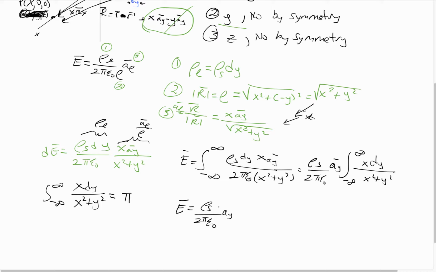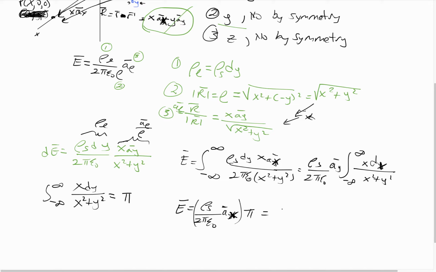I made a mistake here somewhere. Oh, okay, I see where my mistake was. This should be a_x, and this should be a_x, and this should be a_x, which makes this a_x. And then times pi, because that's what the integral came out to be.